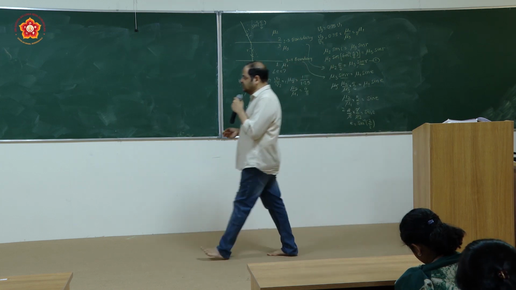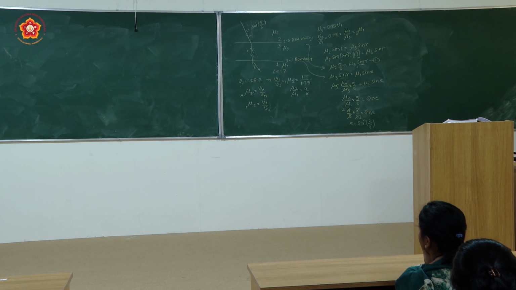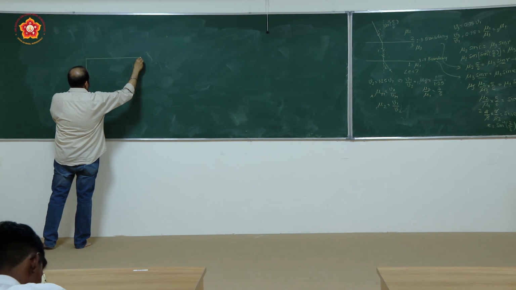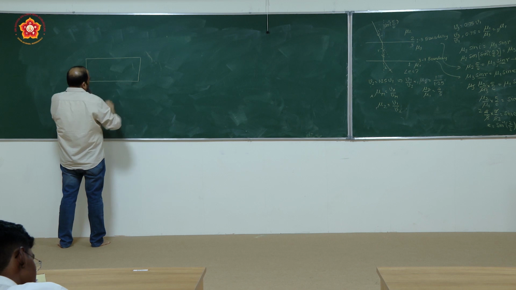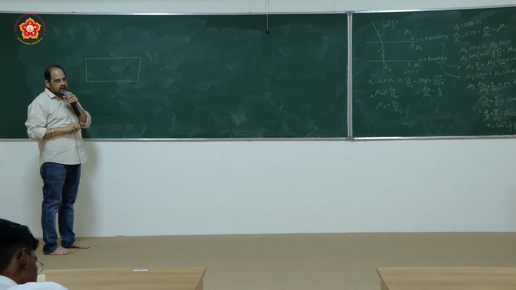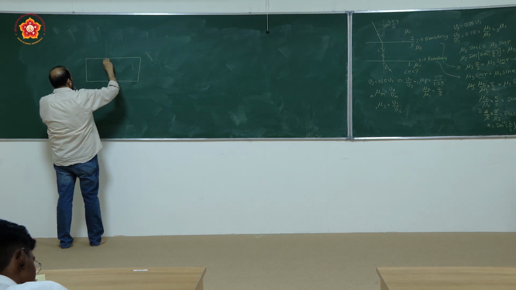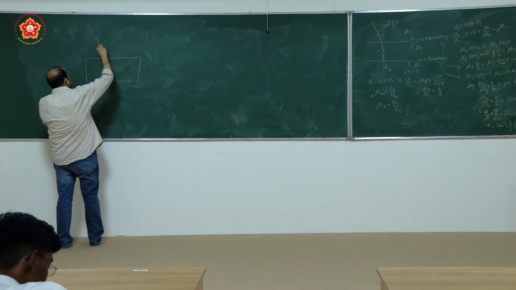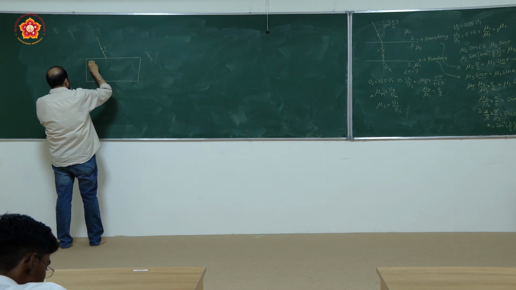So let us consider that we are having a slab of a transparent material. This is a slab. And on this, the ray of light is falling like this, at an angle of incidence I, and you are having the refractive index mu.